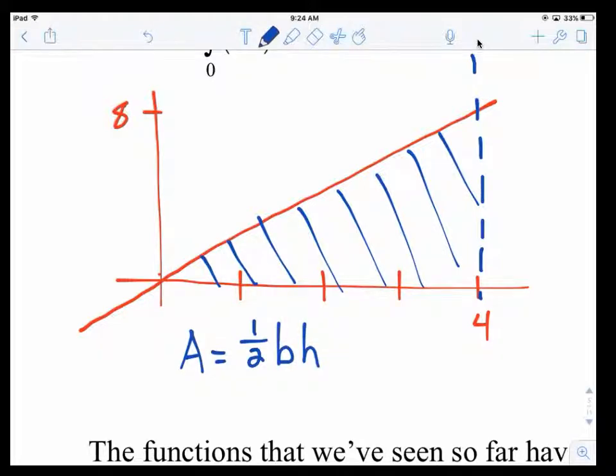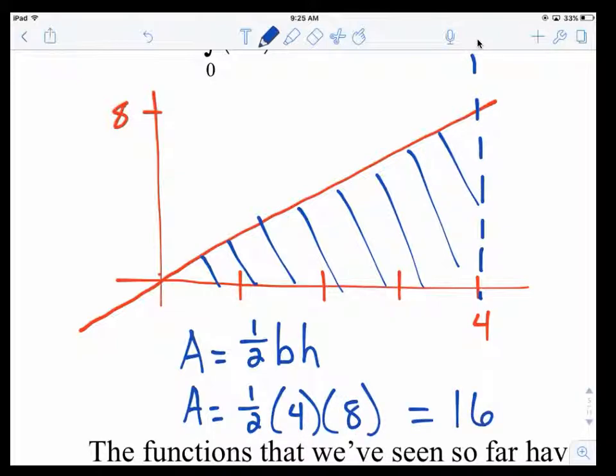The base in this case would be 4, and the height would be 8. So you have 1/2 times 4 times 8 would be 16. Right? So this is just another way that you could come up with a definite integral, by using the shape of the function to come up with the answer.